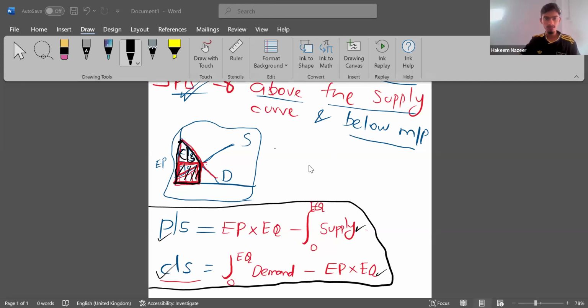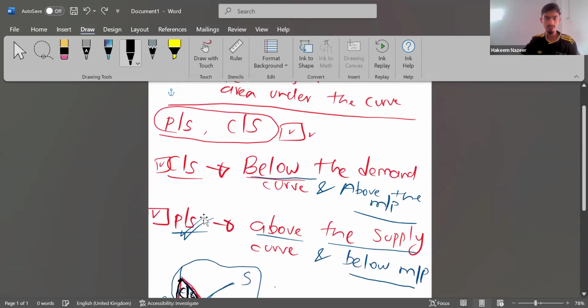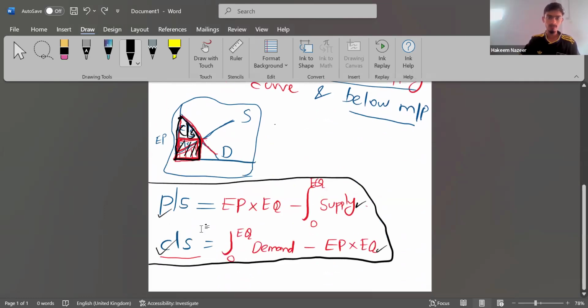Now we are moving to an example so that it will be easy to understand the concept very well.